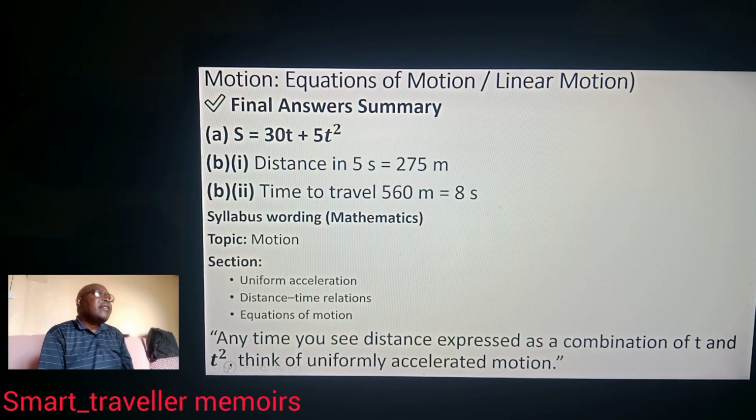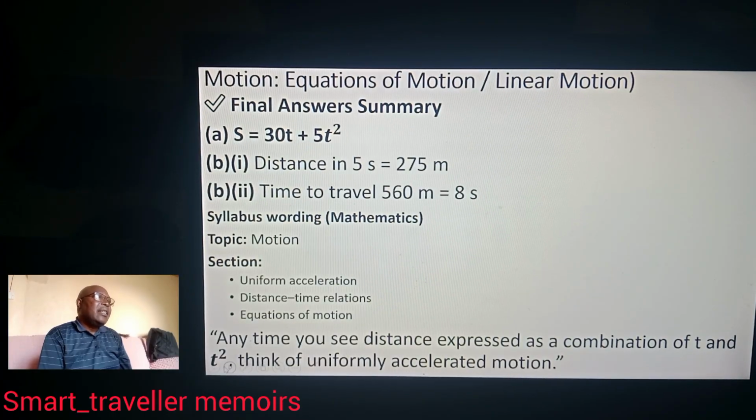So the final answer summary is s is equal to 30t plus 5t². B, Roman 1, distance in 5 seconds is equal to 275 meters. B, Roman 2, time to travel 560 meters is equal to 8 seconds.